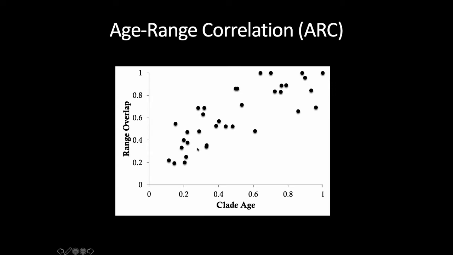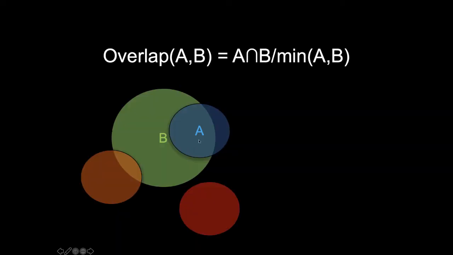So basically, for every pair of species ranges, you calculate how much they overlap. The way you do that is you take the area of A intersect B and divide that by the minimum area of A or B. So this is the area of A intersect B, the area where the ranges overlap.